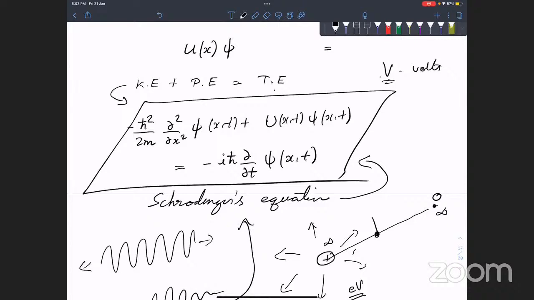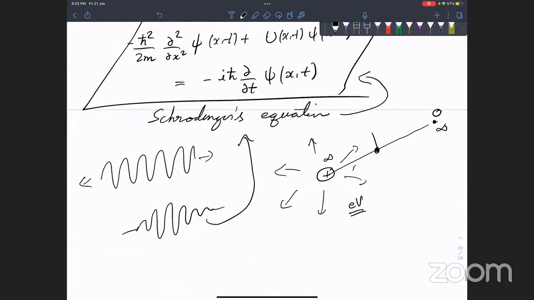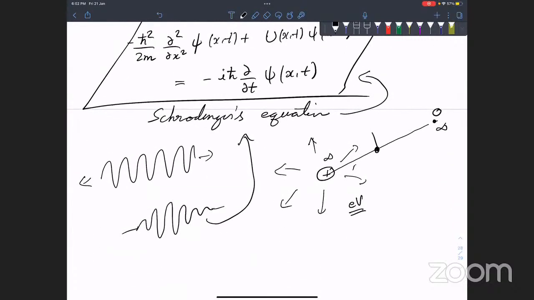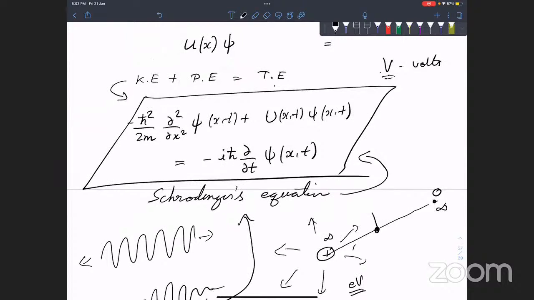Then Schrodinger did exactly this. And once he did this, what he proclaimed is that even if I have a wave function that is more confined, a compact wave, that will also satisfy this exact equation.